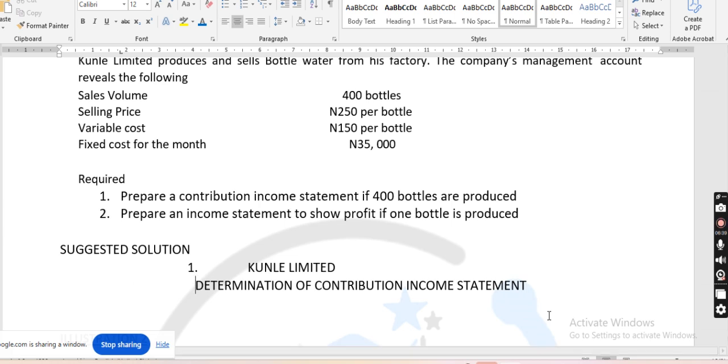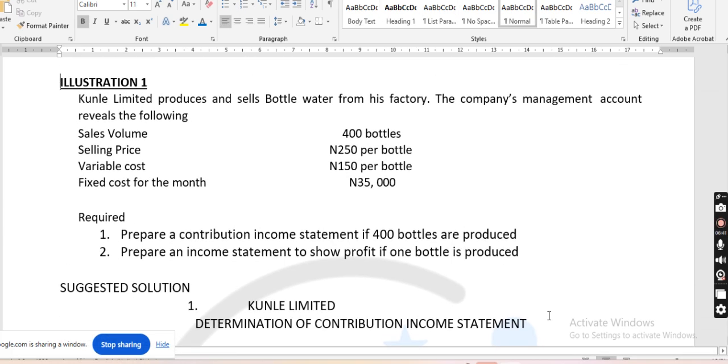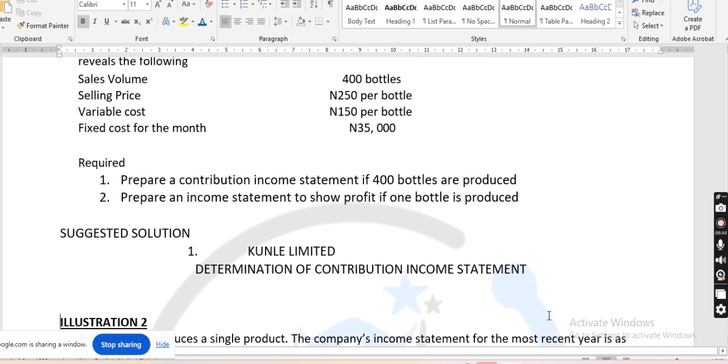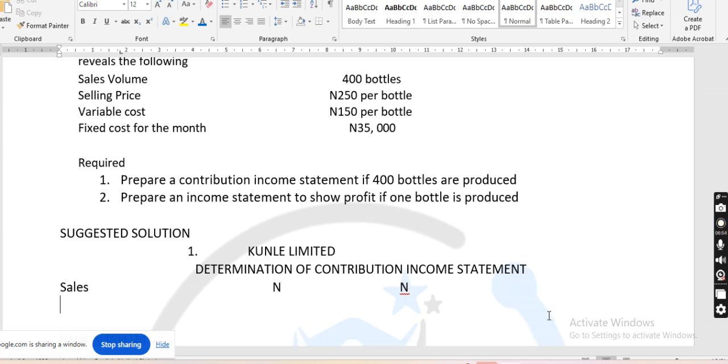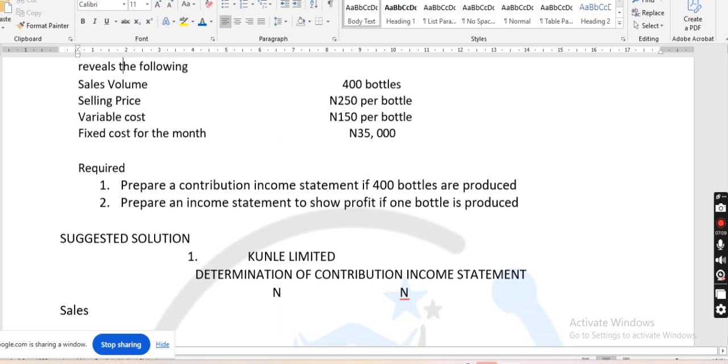This is a single product because we're not told that they have two products. Now, sales, with the naira sign. When you look at this, what is the selling price?